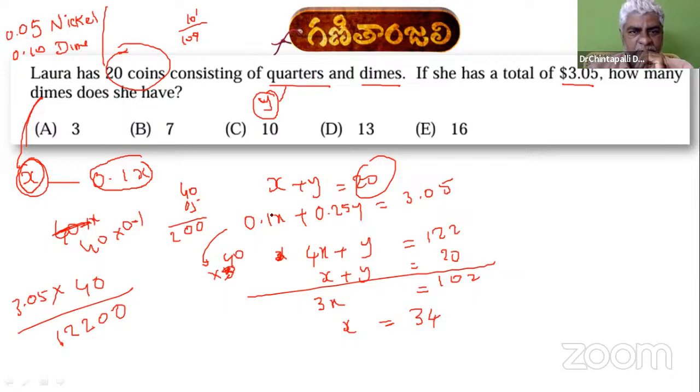Correct only. When we multiplied both sides by 40, 4x into 40, 40 into 0.25.